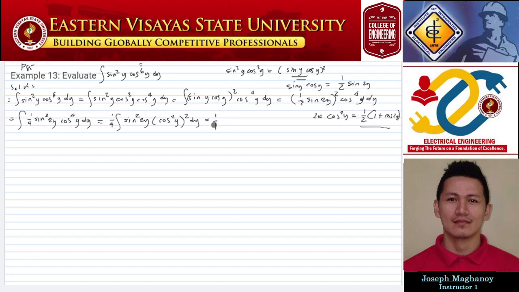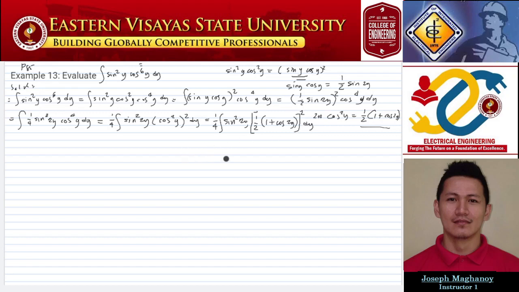So 1/4 integral of sine squared 2y, quantity 1/2. We replace this with a bracket to make it clear. Replace it 1/2 quantity 1 plus cosine 2y. Remember the power 2 and your dy, don't forget your dy.